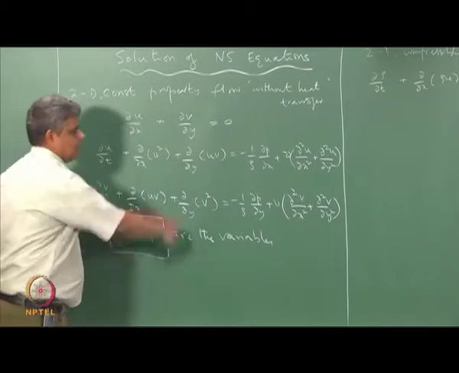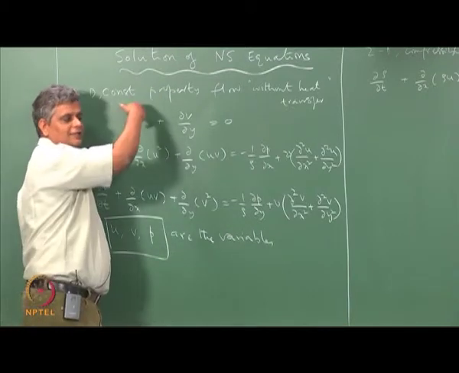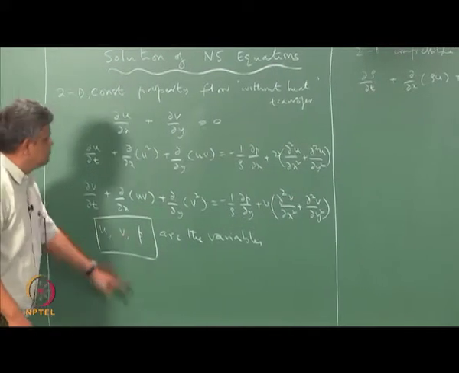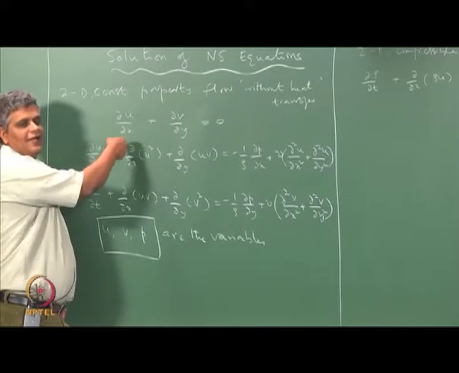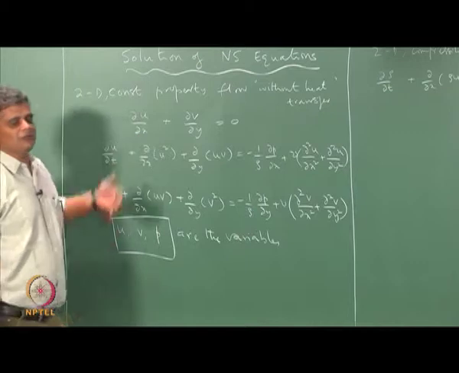So, along the height between the 2 parallel plates there is variation, and maybe in the flow direction there is variation, but not along the width. If you put the gap here as the y direction and the flow direction as x, in the z direction there is no change. So, that is a 2-dimensional flow.